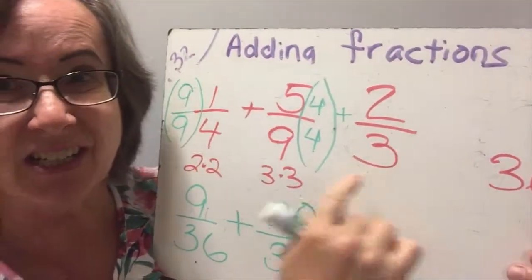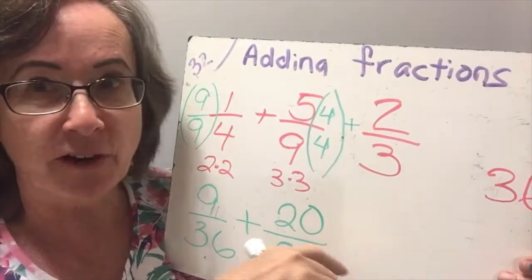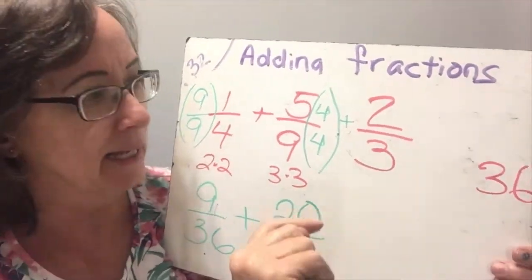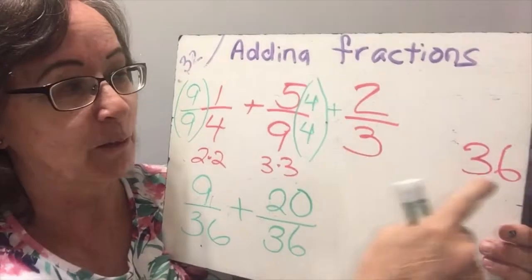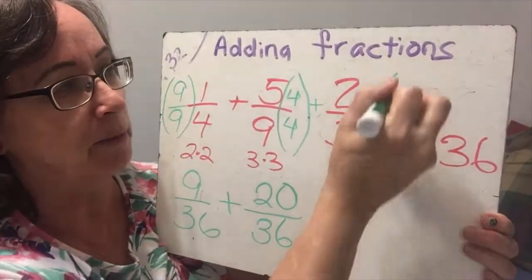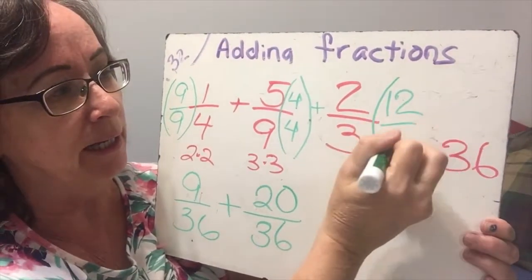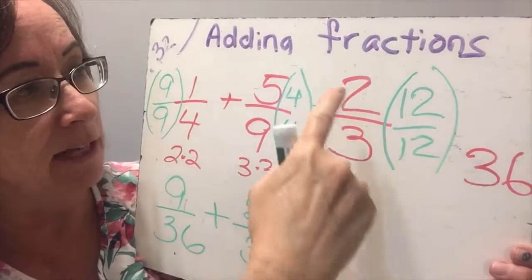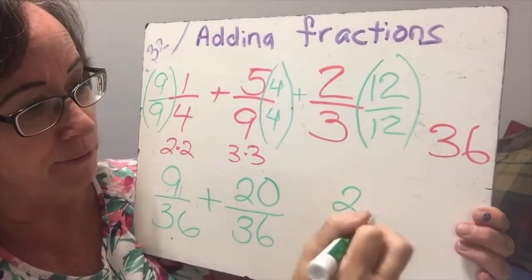And the last fraction is 2/3. What do I have to multiply 3 times to get 36? Or 36 divided by 3 is 12. So I'm going to multiply by 1, but the form of 1 is going to be 12 over 12. And 2 times 12 is 24.